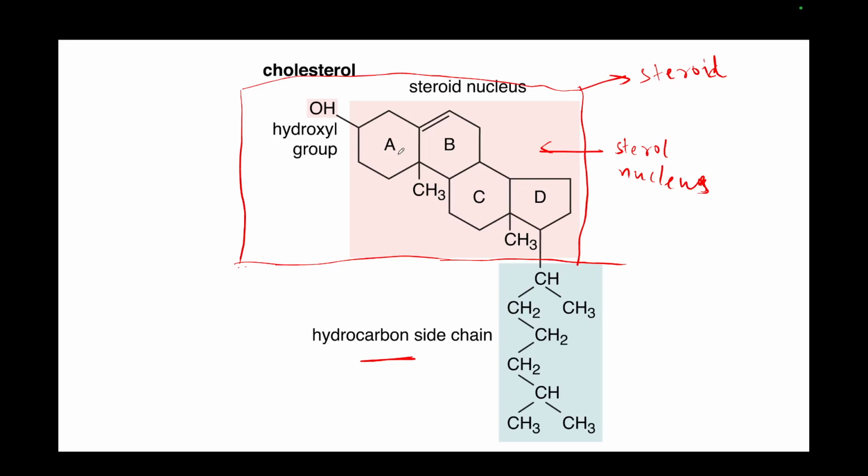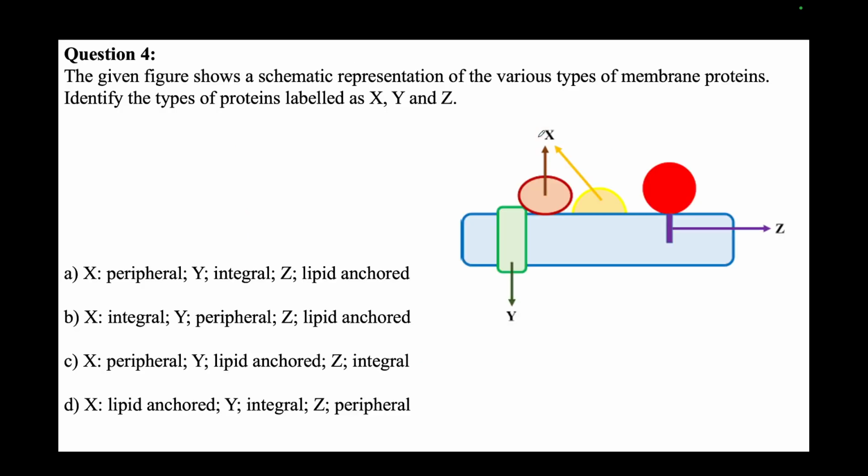So you remember, this is the fourth ring, the last ring, that is a 5 carbon ring, the D ring. This is a 1, 2, 3, 4, 5 carbon ring. This is the D ring. From this the alkyl chain is attached. If I remove this alkyl chain, it will be the steroid. I hope this is clear to everyone. Okay, moving to the next question.